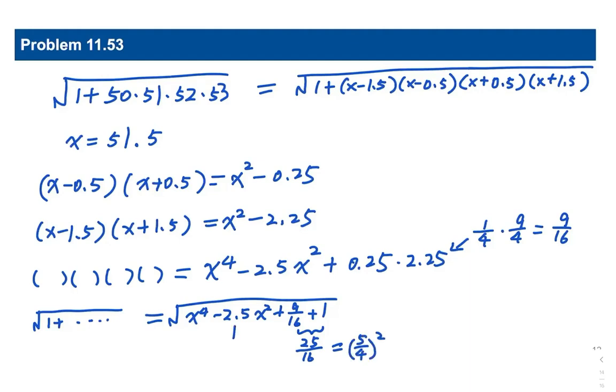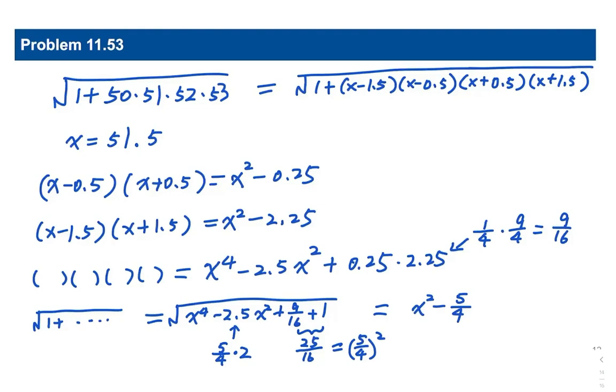And 2.5 is 5 over 4 times 2. So this thing is x squared minus 5 over 4. X is large, so we know x squared minus 5 over 4 is a large number. It's positive.